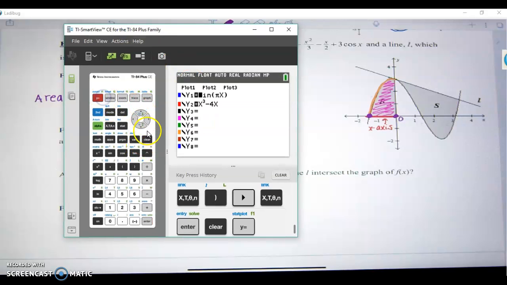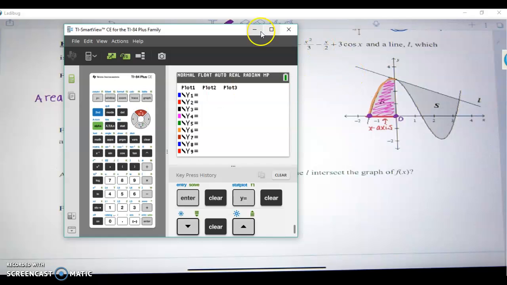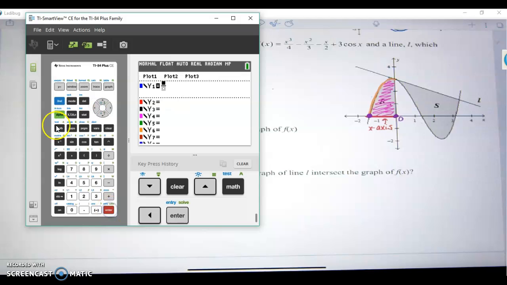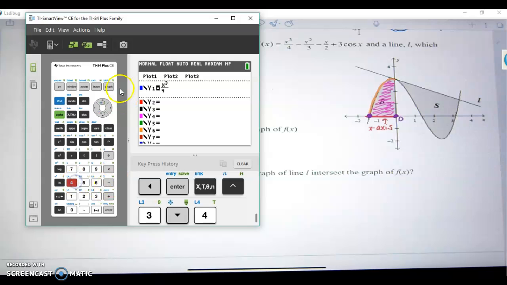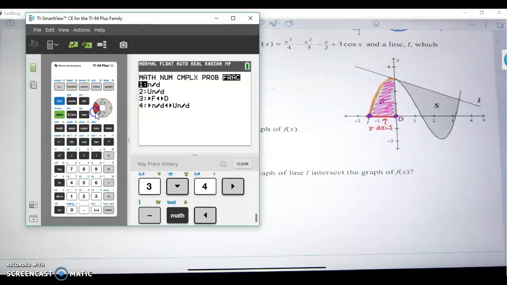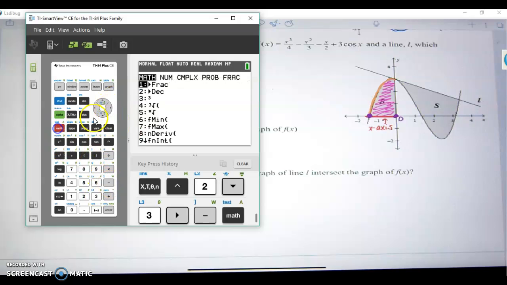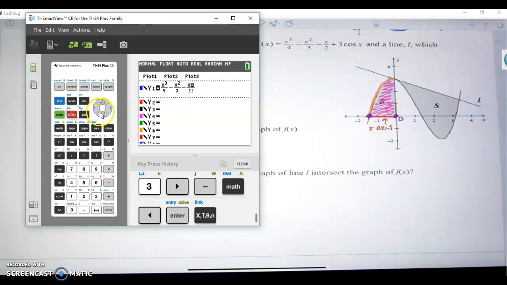And we're going to graph this equation. I'm going to make it look like theirs, so I'm going to make fractions. So we have x cubed over 4 and then minus x squared over 3 and then minus x over 2, and then we have plus 3 cosine x, and we definitely make sure we're still in radians.